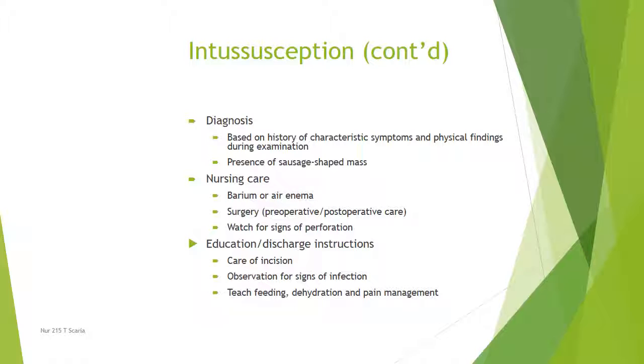Surgery is another possibility. Then you will be performing preoperative and postoperative care. Watch for signs and symptoms of perforation. Education and discharge instructions include care of the incision, observation for signs of infection, teaching feedings, dehydration, and pain management.